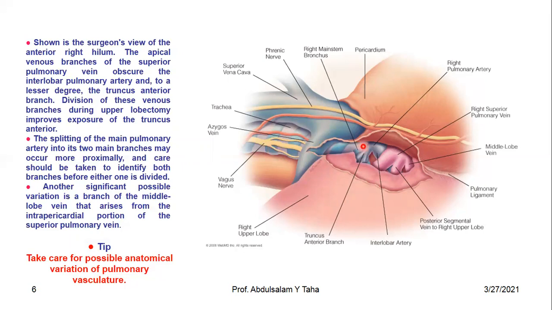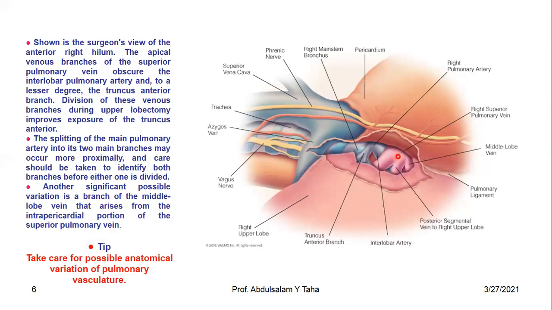When the mediastinal pleura on the anterior surface of the hilum is opened, we can see the pulmonary vessels, the right superior pulmonary vein, which drains the right upper lobe and the right middle lobe. The middle lobe vein is the most inferior tributary of the right superior pulmonary vein.